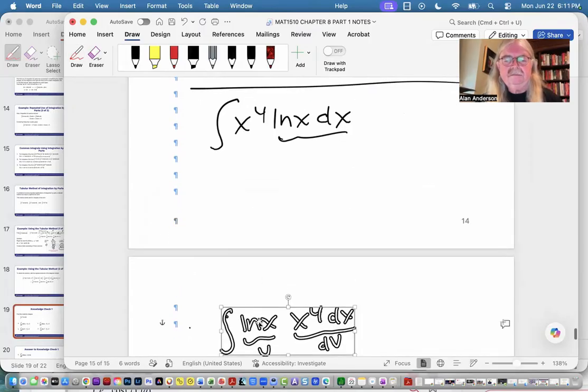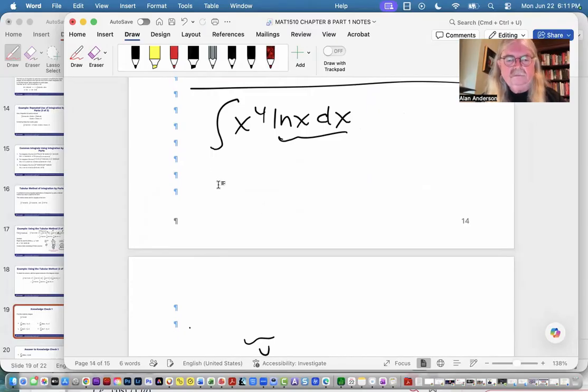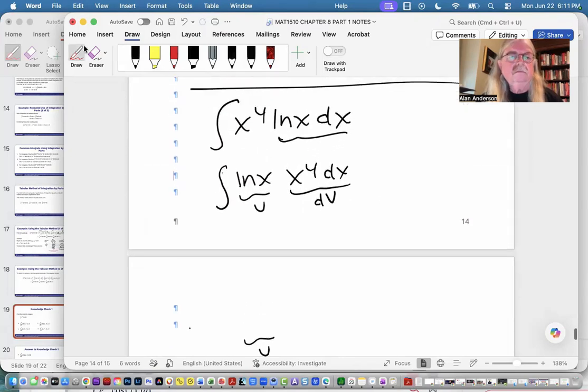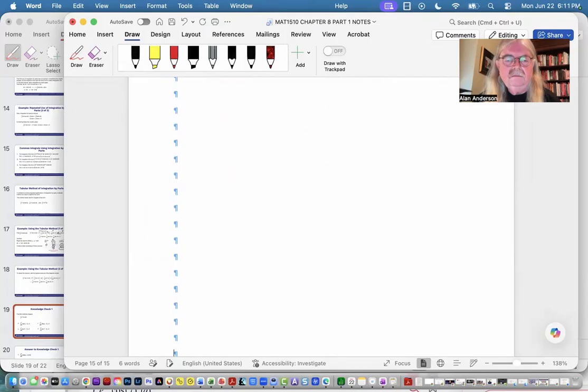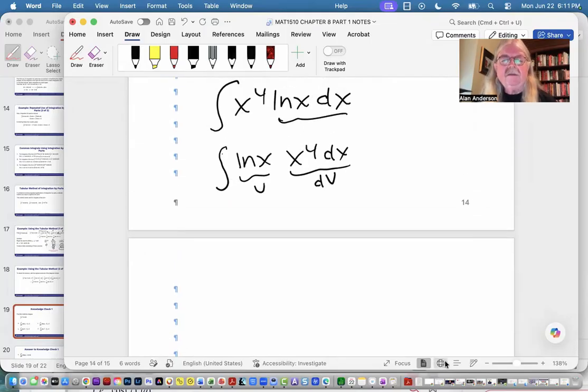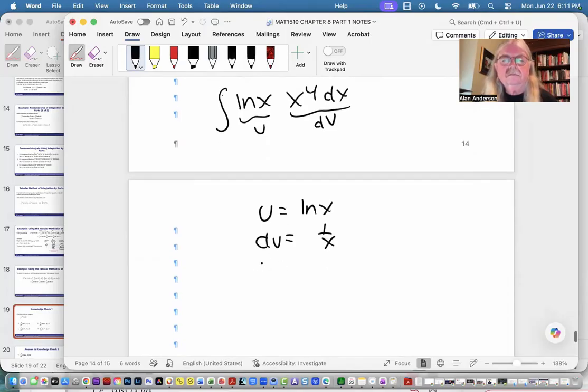Oh, hold on. All right. So that means, of course, u is log x, du is 1 over x, and then v would be x to the fifth over 5.